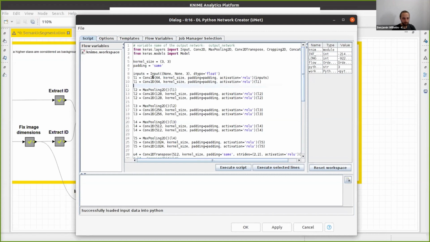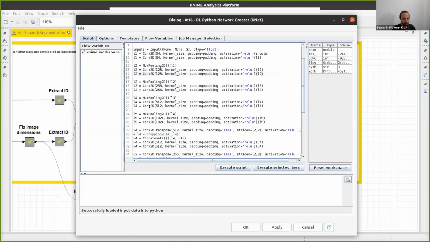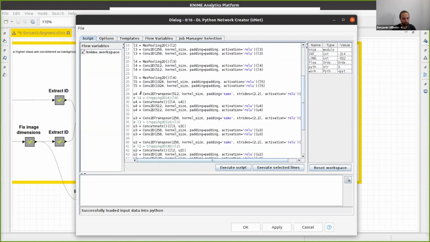And you can see that we have the UNet here because first we do some convolutions to compute features, then we do the subsampling, so max pooling to decrease the resolution, do some convolutions again, and then we do this over and over again until we get to our lowest level. And then we start with the decoding by doing a transpose convolution, and so increasing the resolution again.